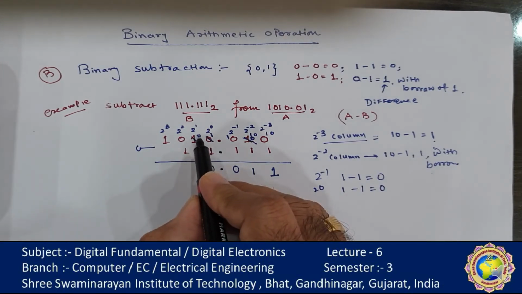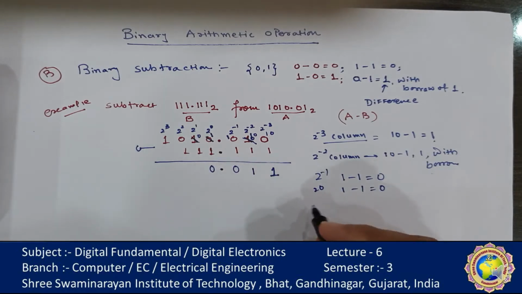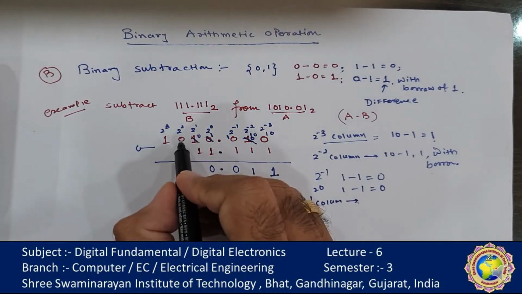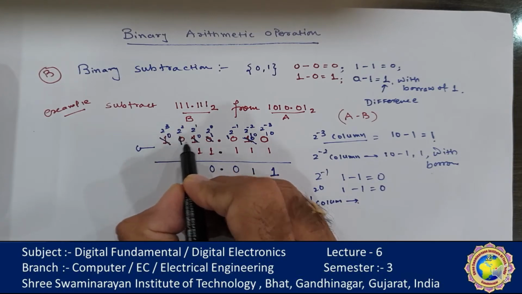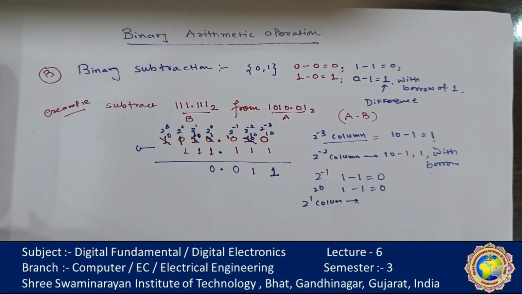Same thing again here, 0 minus 1 for the 2 raised to 1 column. So we have to take one borrow here, we cannot take here, so it will become 0, this will become 1 and here it is 10. So 10 minus 1 is equal to 1, or we can say 0 minus 1 with borrow.